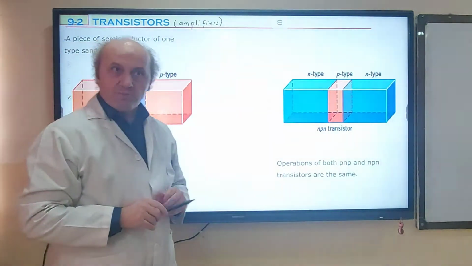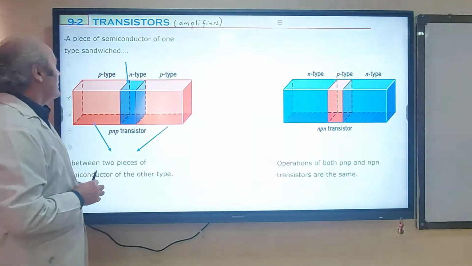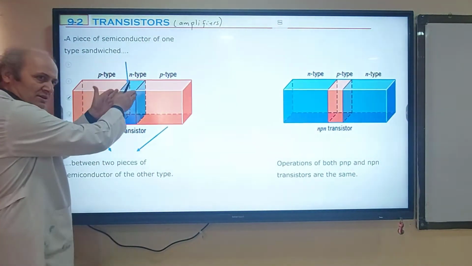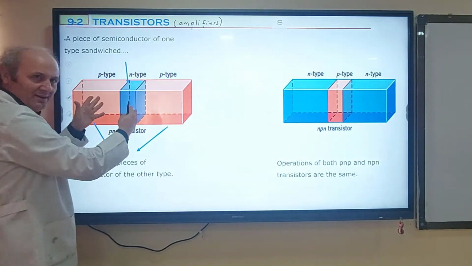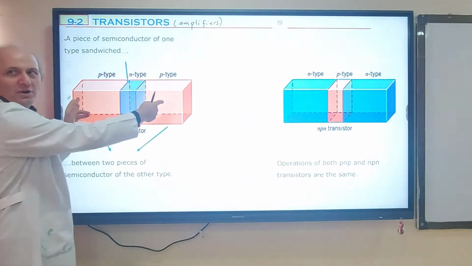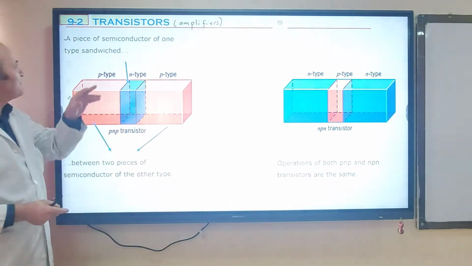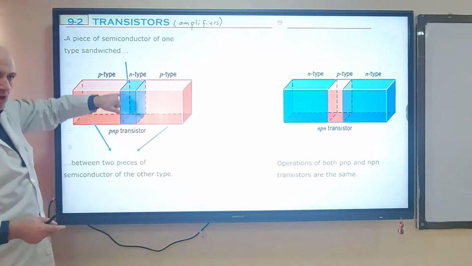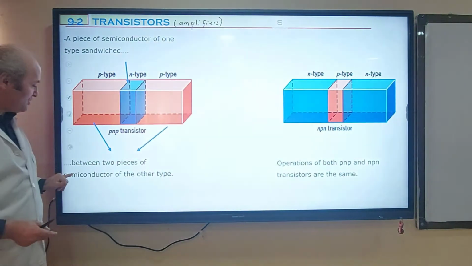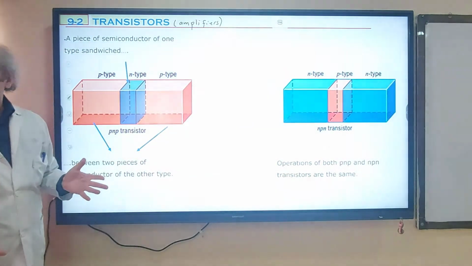In transistors, we are going to use a type of semiconductor sandwiched between two other semiconductors. A piece of semiconductor of one type is sandwiched between two pieces of the semiconductor of the other type.